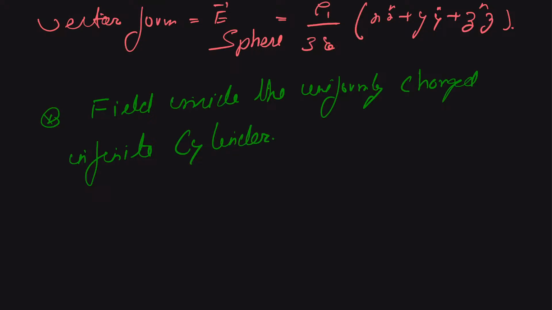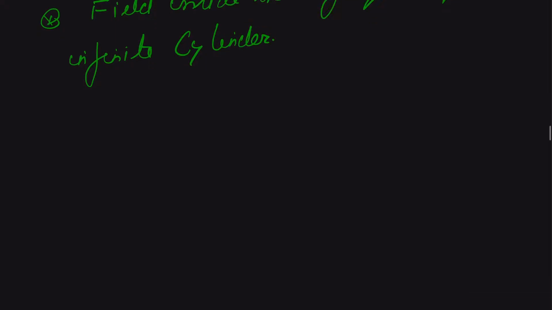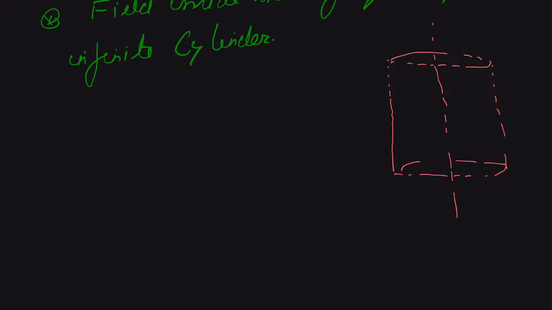And we are going to consider a Gaussian surface whose radius is small s. So we can just draw. Suppose this is our original cylinder, infinite. This is the axis of the cylinder, and we consider a Gaussian surface which is inside and very close.